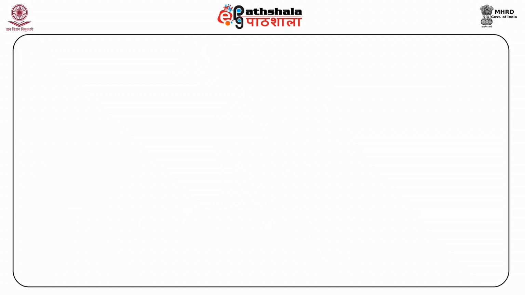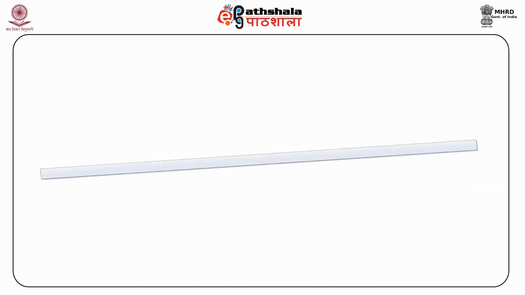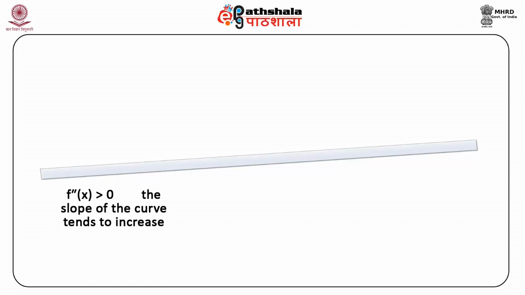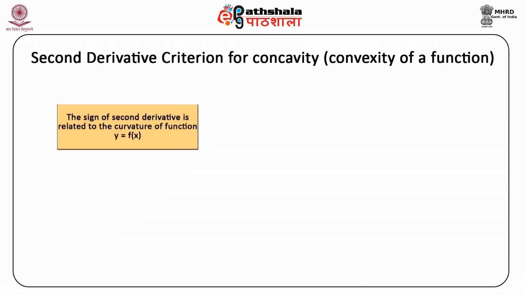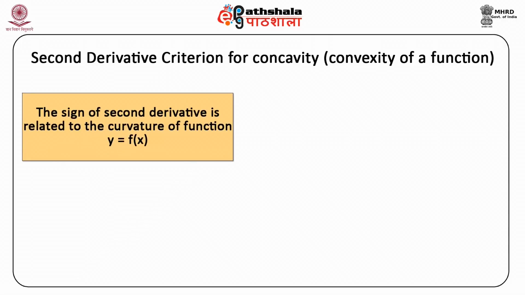Whereas, with regard to the second derivative, f double dash x greater than 0 means that the slope of the curve tends to increase, and f double dash x less than 0 means that the slope of the curve tends to decrease. The sign of the second derivative is related to the curvature of the function y is equal to fx.